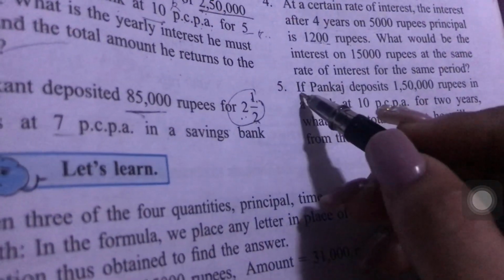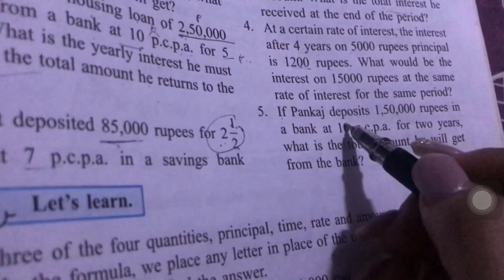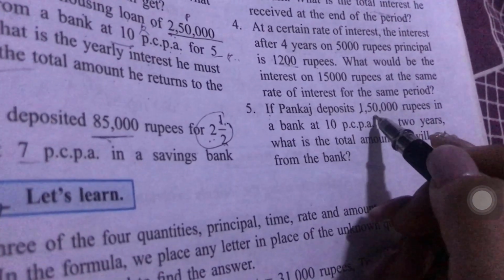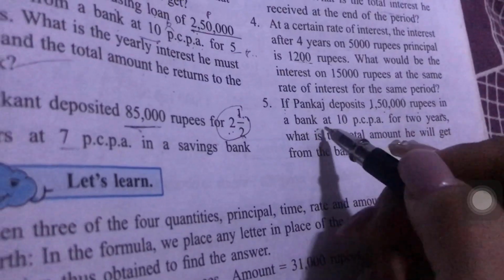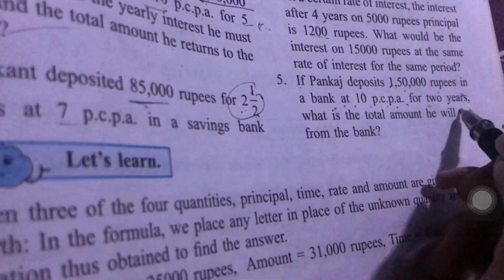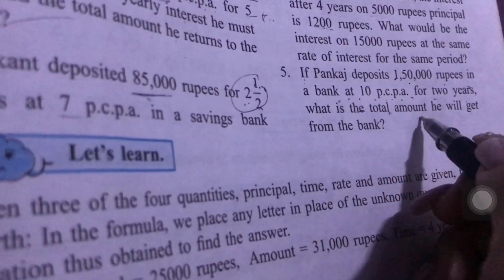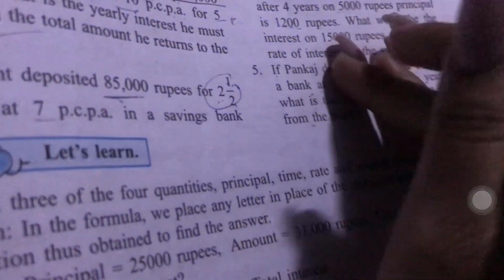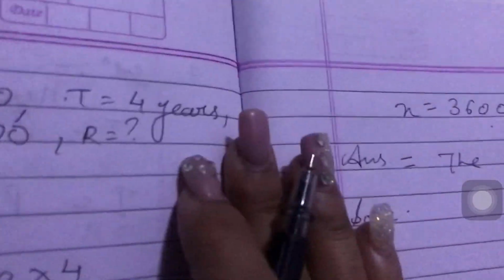Student, now let us see fifth sum. If Pankaj deposits 1,50,000 rupees in a bank at 10% per annum for 2 years, what is the total amount he will get from the bank? Okay, this is very simple.